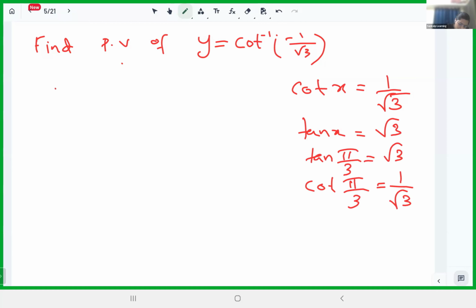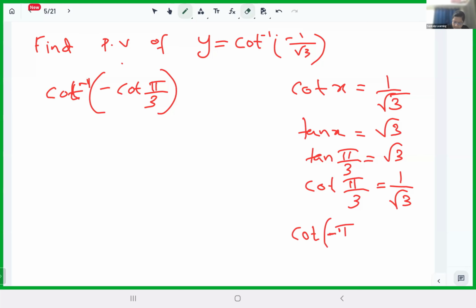So how will you write this cot inverse of minus 1 by root 3? Minus 1 by root 3 can be written as minus cot pi by 3, so cot inverse of minus cot pi by 3. Now we know that cot satisfies the property: cot of minus x can be written as minus cot x, and vice versa also.